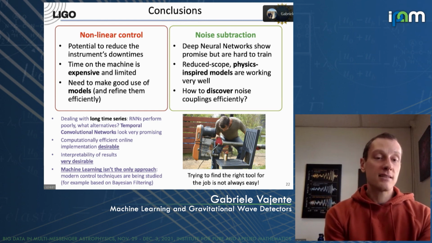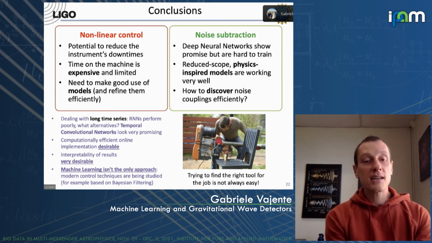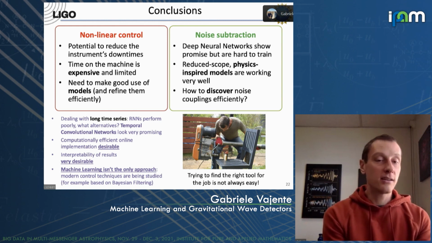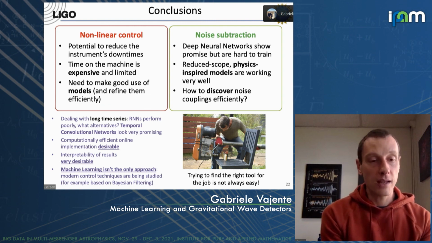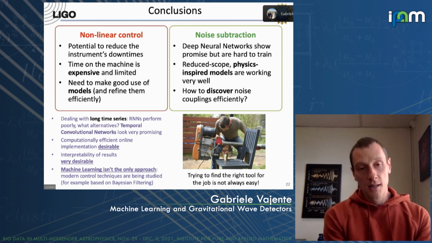For example, something that seems promising is some sort of state estimation based on Bayesian filtering and Bayesian estimation. But I don't have time to talk much about that.